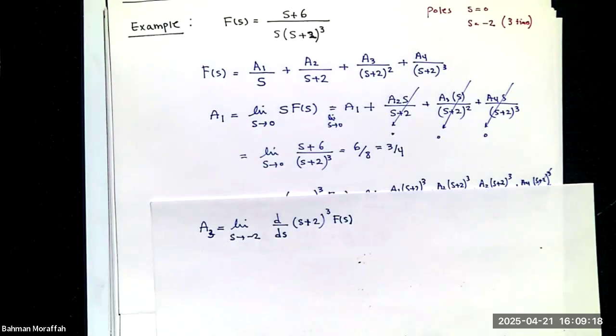Remember, the derivative of 1 over s plus 2 to the power of 2 is 1 over s plus 2 to the power of 3. So by taking the derivative of it and multiplying it by this s plus 2 to the power of 3, I'm somehow canceling that. So that derivative is accounting for that one missing value over here to make it like power of 3. Right?